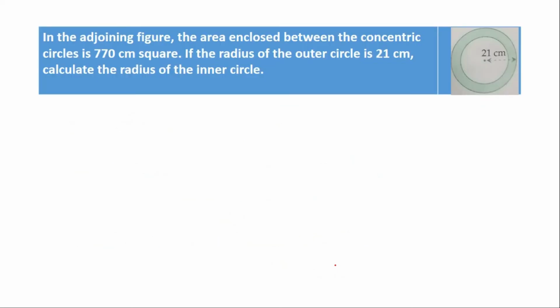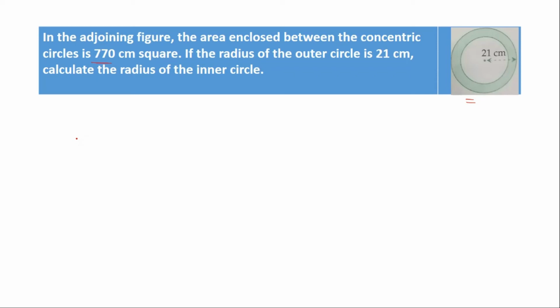In the adjoining figure, this one, the area enclosed between the concentric circles is 770 centimeter square. If the radius of outer circle is 21 centimeter, calculate the radius of inner circle. So the area between the concentric circles is given 770 centimeter square.